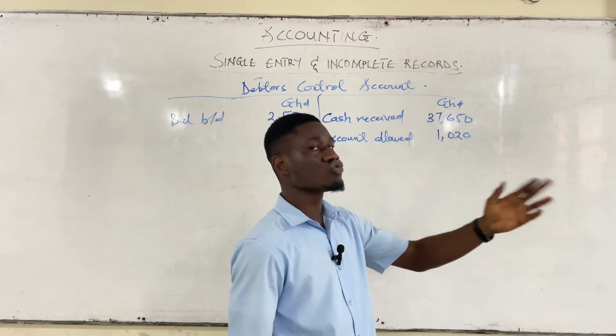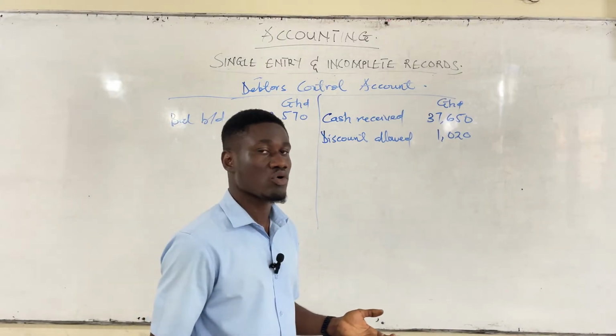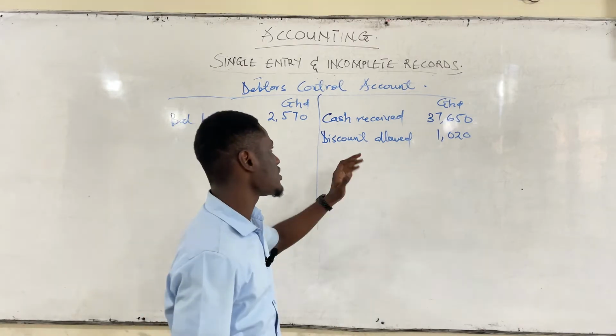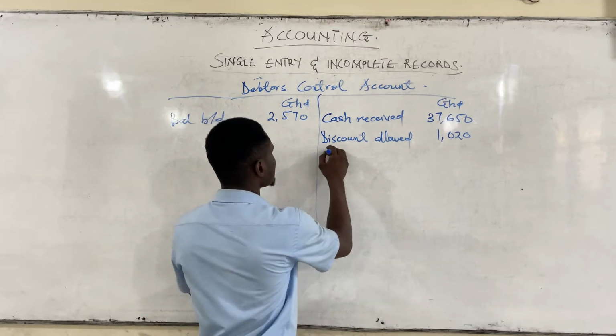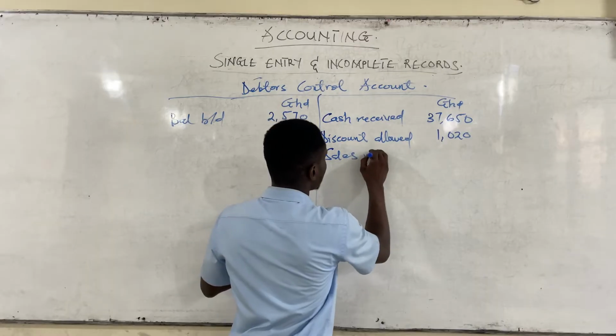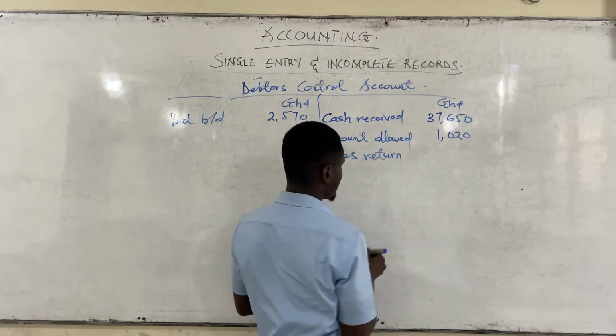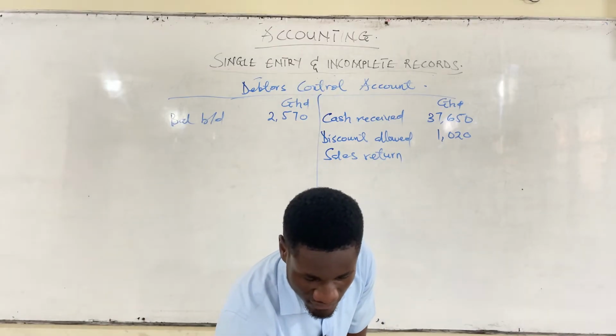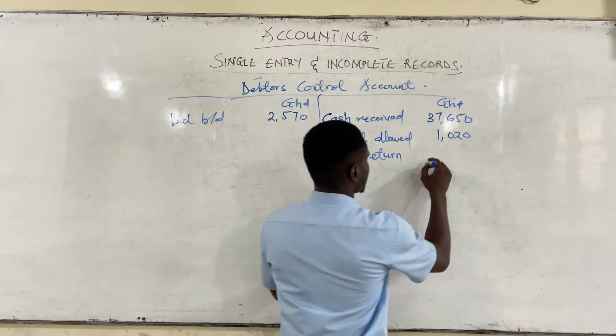Then they brought those goods to us again. Are they owing us anymore? No. So the amount they are owing us is reducing. Therefore, the sales returns will be here. So the sales returns was 2,500.